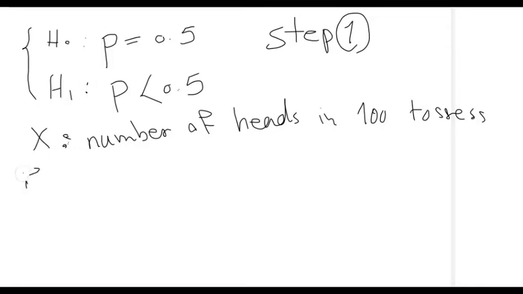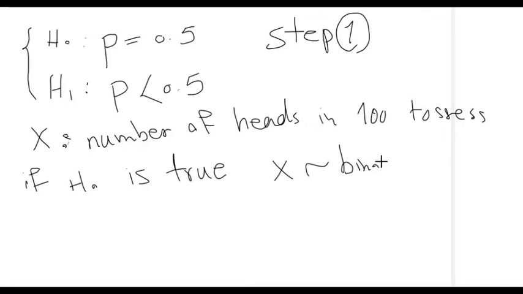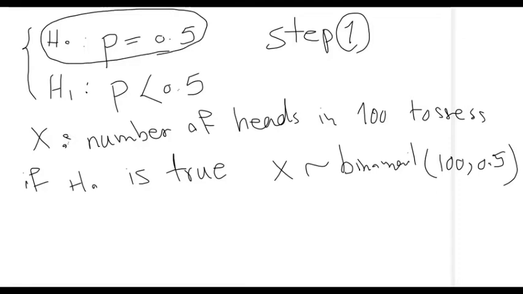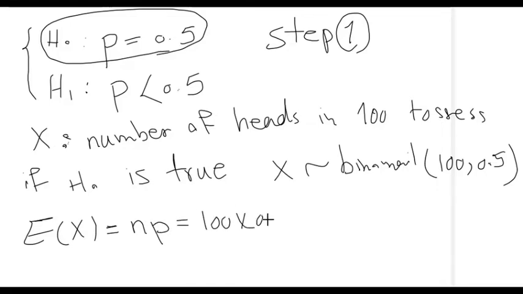So if H0 is true, X has a binomial distribution with parameters 100 and the probability 0.5, if H0 is true. So the expectation of X, np, is 50.